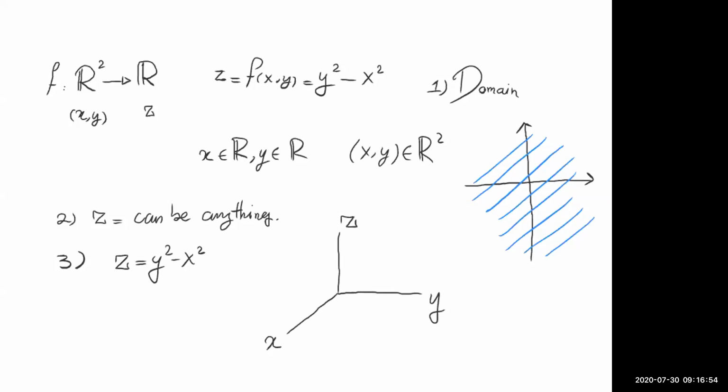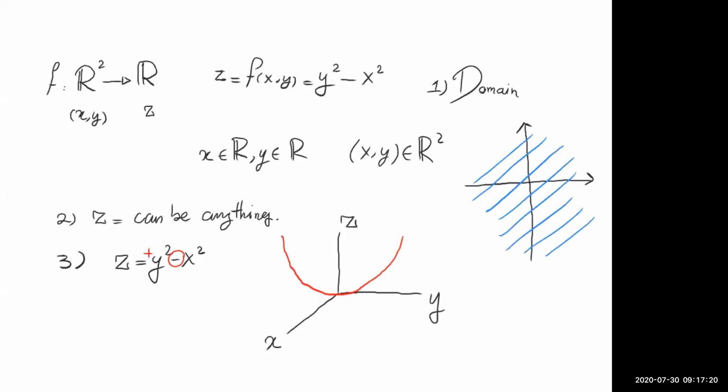Yeah, it's a saddle. So note that here the sign before x squared is negative and the sign before y squared is positive, right? So the saddle with these signs looks like this. In the direction of y, it's like this.